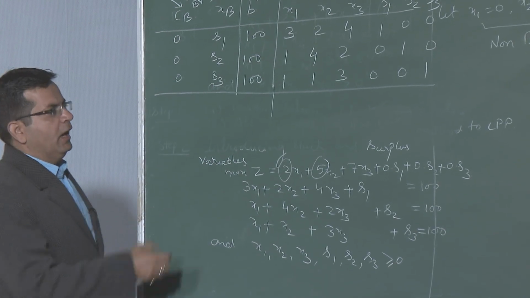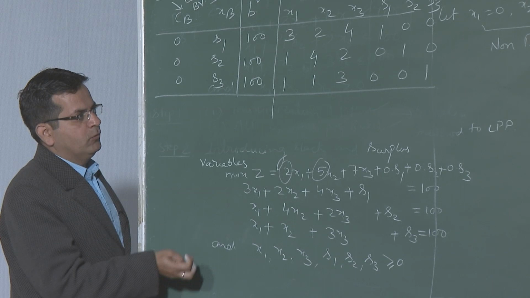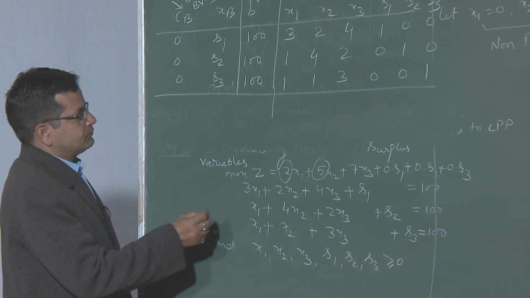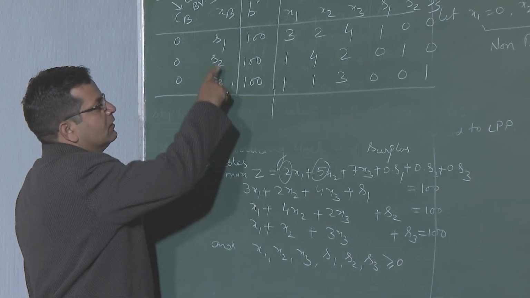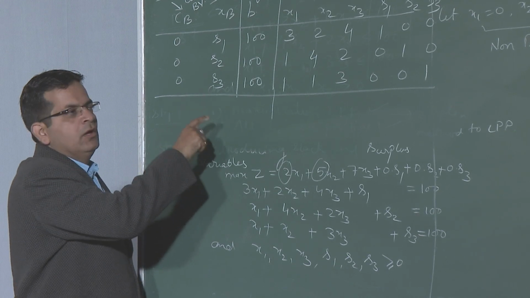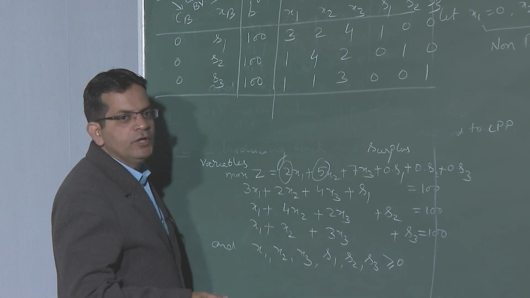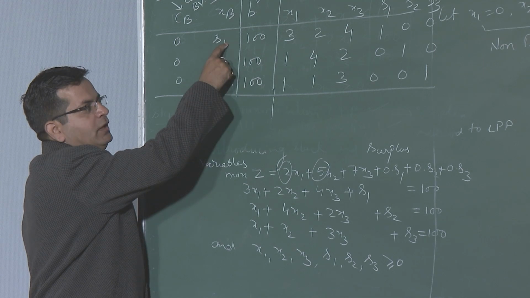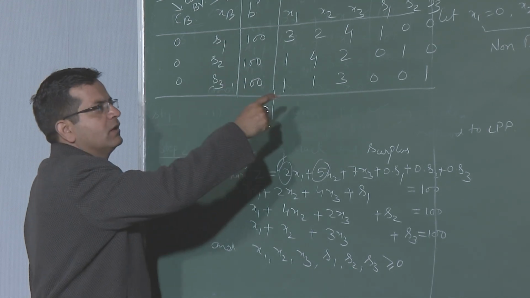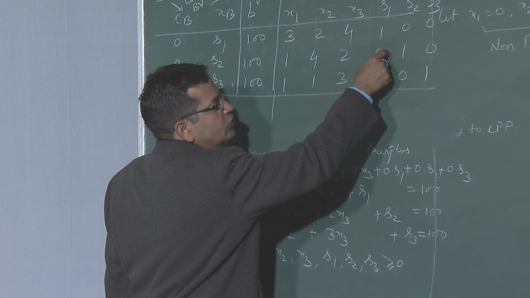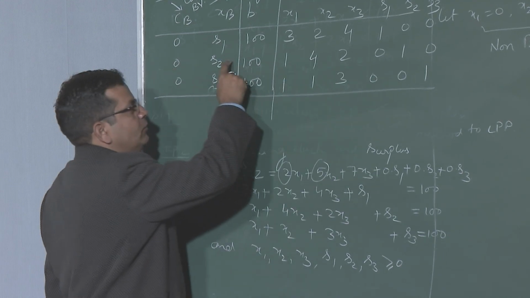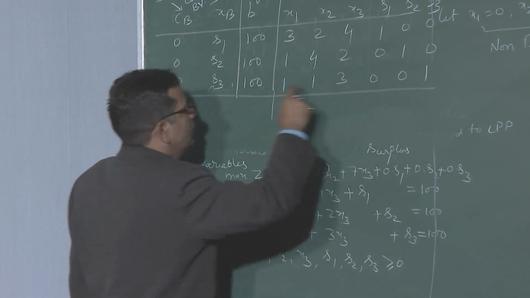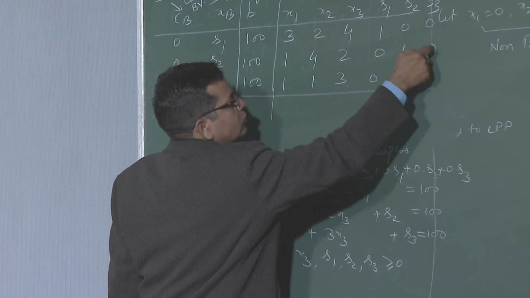This is the ideal tabular format, and here we can see that corresponding to the basic variables we have the columns of a unit matrix. For example, corresponding to S1, the first basic variable, we have 1, 0, 0, corresponding to S2 we have 0, 1, 0, and corresponding to S3 we have 0, 0, 1.